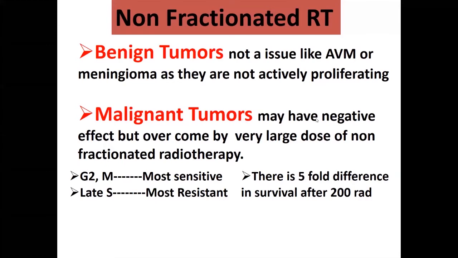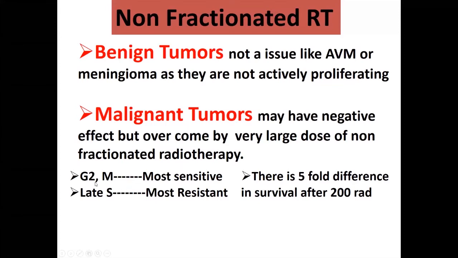So how do we overcome this disadvantage in non-fractionated radiotherapy? This disadvantage is overcome in a similar fashion to how we just saw we overcome the disadvantage of hypoxia. Again, try to understand.